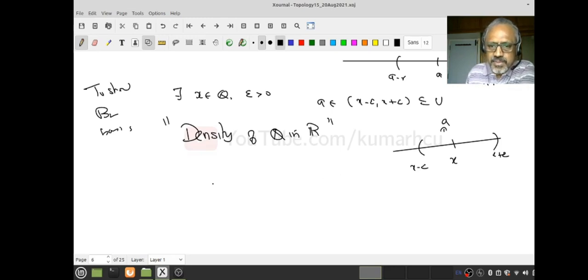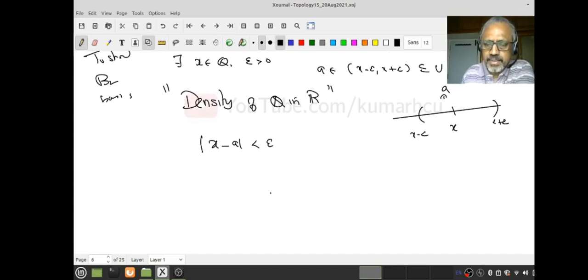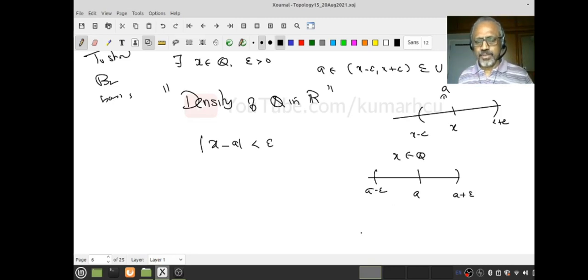Notice that this is the same as saying mod x minus a is less than epsilon. So what does this mean then? Can somebody guess? Mod x minus a is less than epsilon. That means the distance from a to x is less than epsilon. Are you following? So I have a and (a minus epsilon, a plus epsilon), so there exists x in Q. Now do I know that?